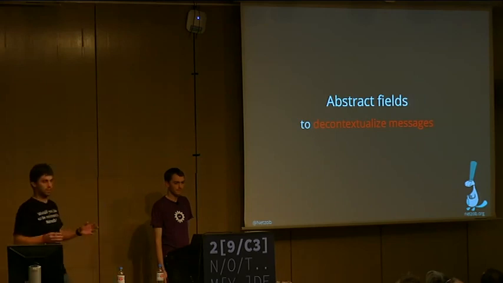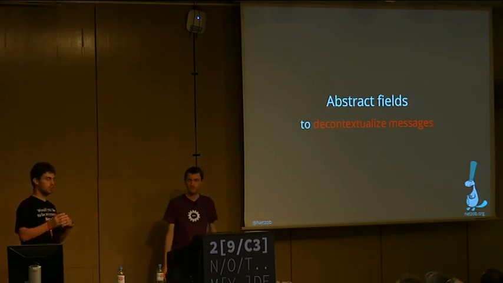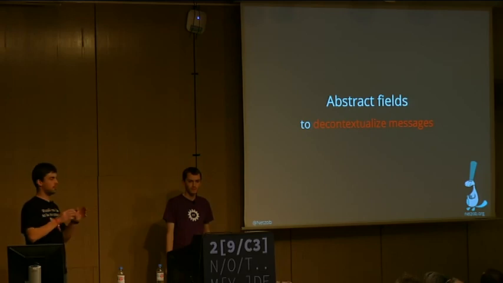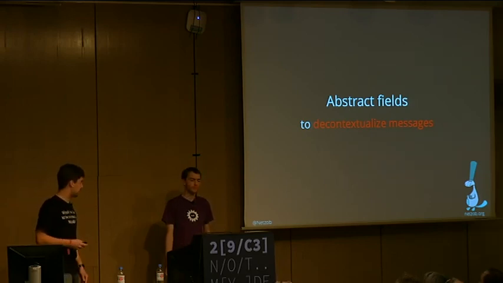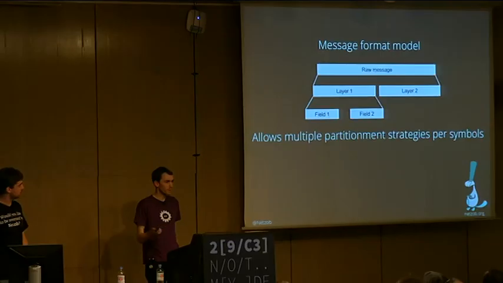So once you've obtained clusters of similar messages, and once you've found fields in these messages, you need to understand what they contain, what's the meaning of each byte in the messages. So before going further into inferring the characteristics of the fields, let's see what the model is that we use inside Netzob.